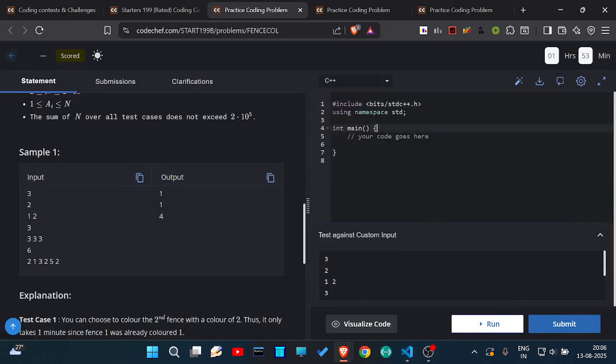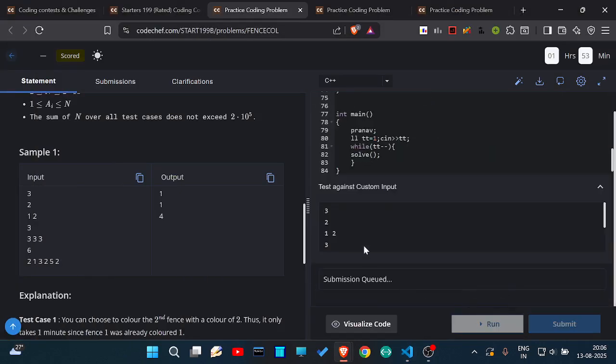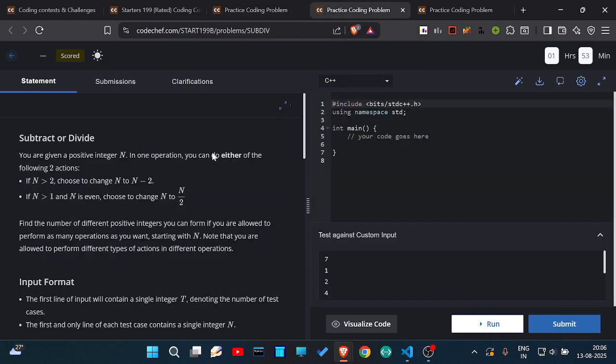We just get the max element and then we just find the index. This should work. So this should work, I guess. Yeah, I got the correct solution.